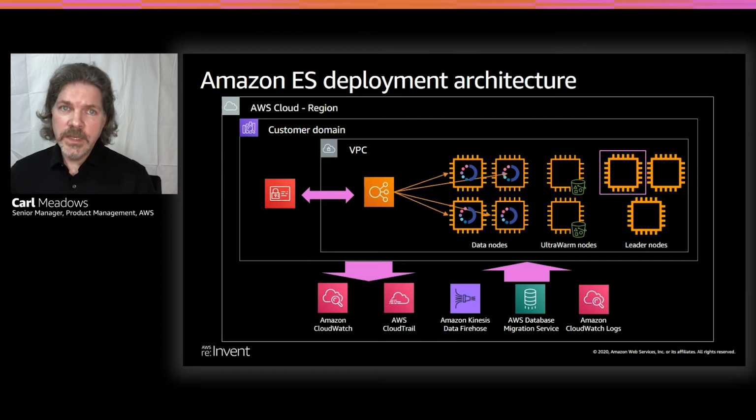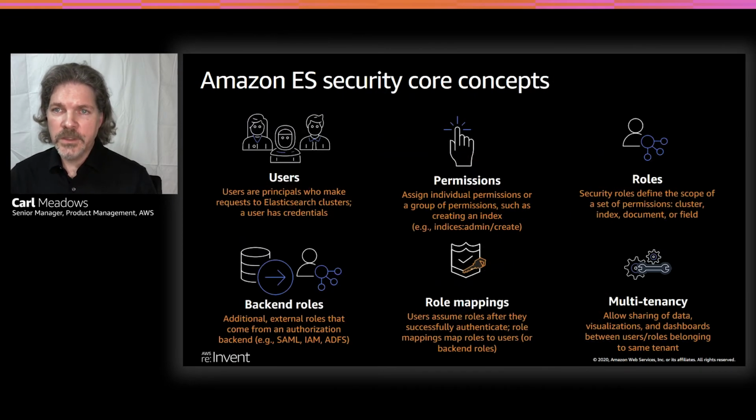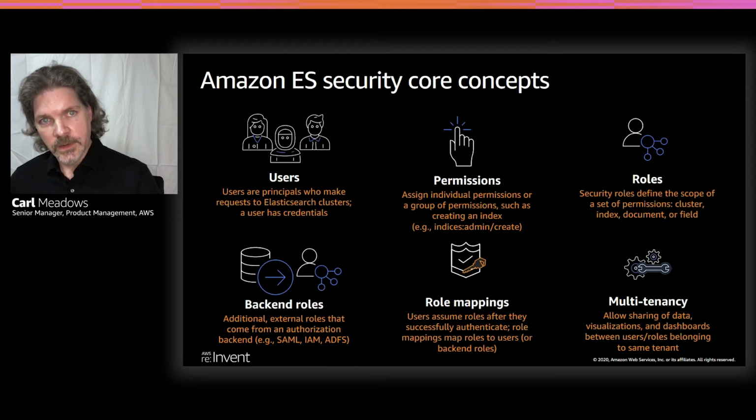Okay, let's dig in a little bit into what are some of the core concepts of security when we look at the fine-grained access control features inside Amazon Elasticsearch Service. And we're going to go into some of this in the demo as well. So when it comes to authorization and authentication inside Amazon Elasticsearch Service, there are a few different principles that make that up. First is the users.